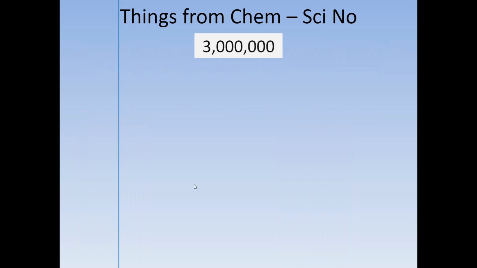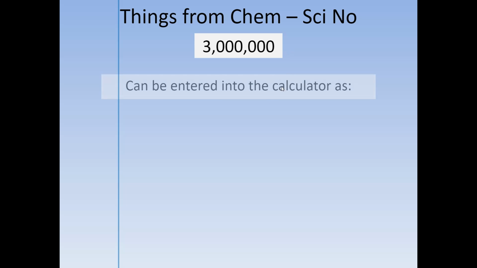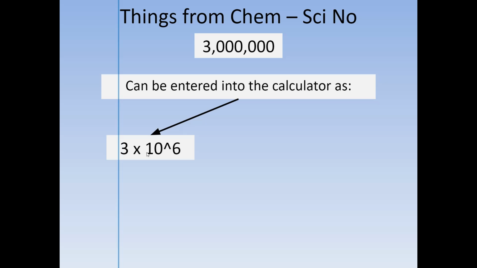So a good example, this number, 3 million, you can write into a calculator like this, 3 times 10 to the 6th, or if you're using the EE notation, it will look like this, 3E6. So you have your base number, and then you're giving your order of magnitude number.